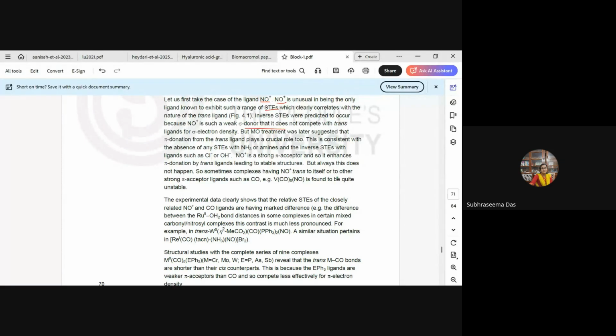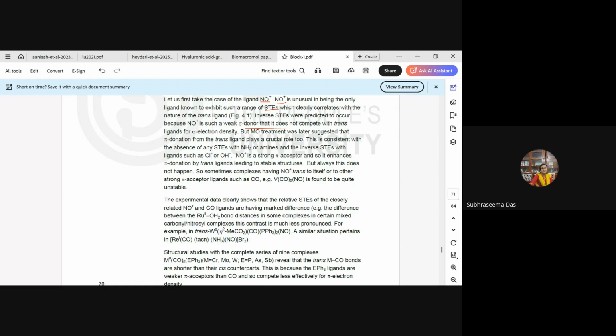The experimental data clearly show that the relative STEs of the closely related NO plus and CO ligands have a very striking difference. That is, the difference between the ruthenium-OH2 bond distance in some complexes and in certain carbonyl nitrosyl complexes is in much contrast.